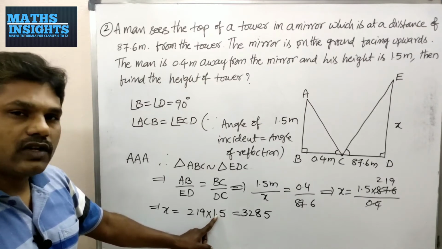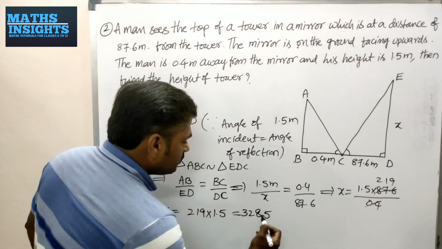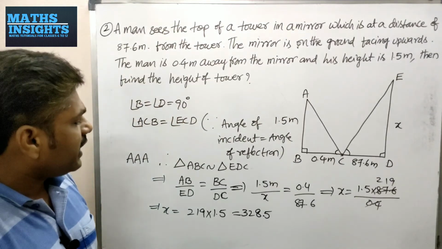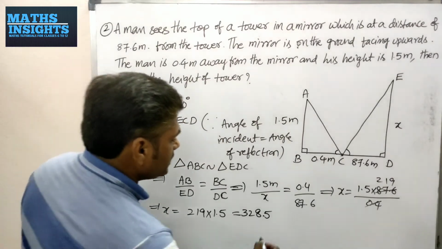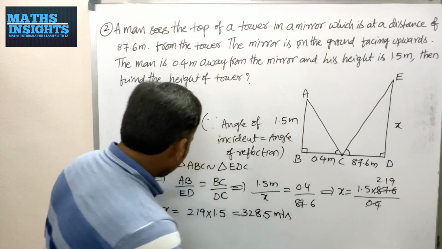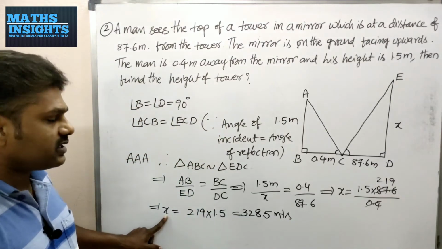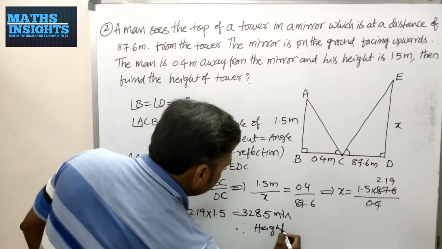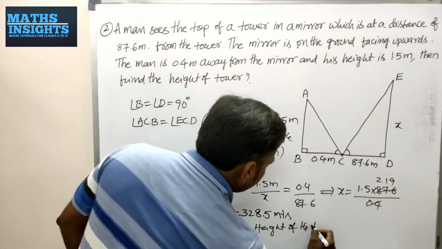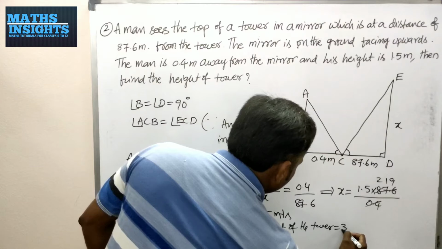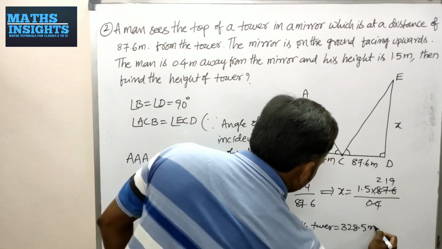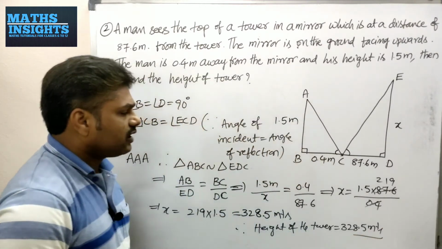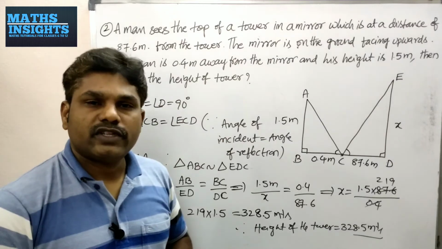After only one digit. So it will become 328.5 meters. We assumed the height of the tower as X. Therefore, the height of the tower is 328.5 meters. This is the way to find the height of the tower.